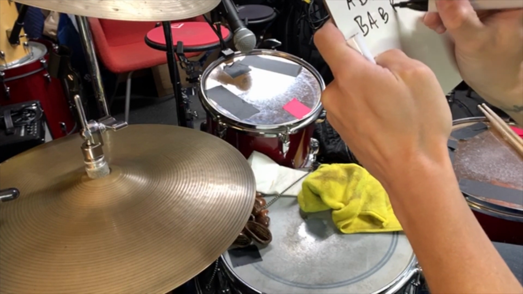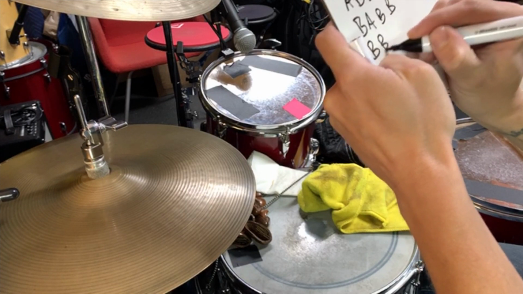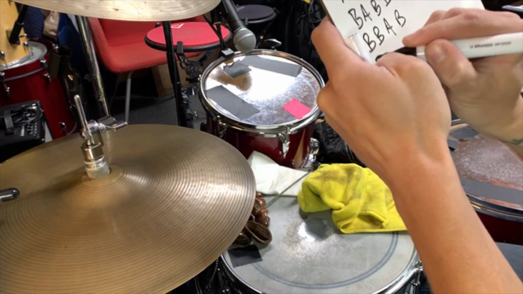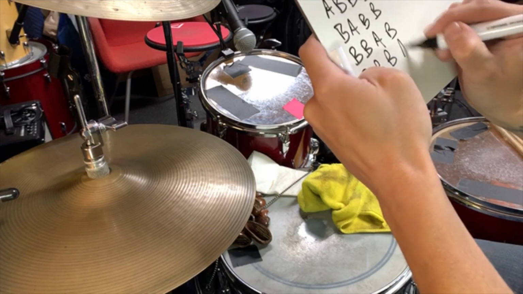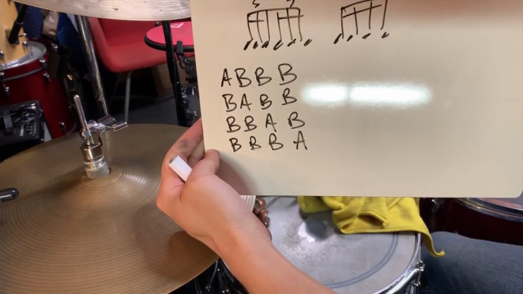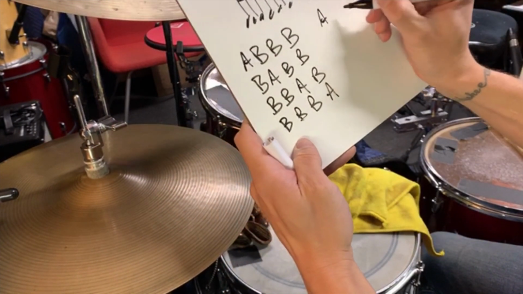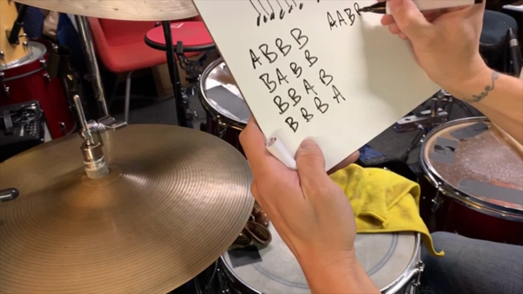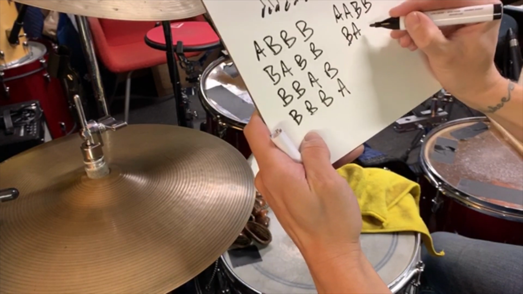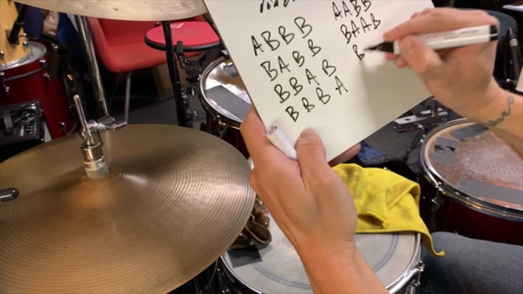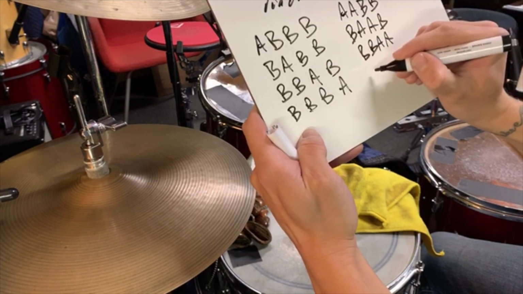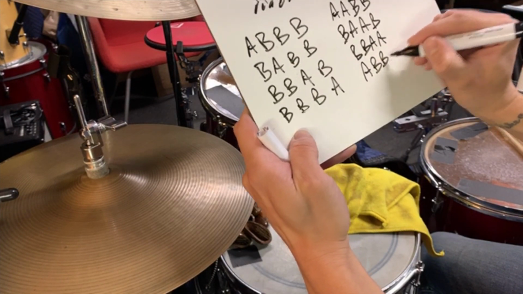I will post all this stuff afterwards. Okay, so that's like number 1 through 4. Then what we do is A, B, B. And those 2 A's move through. And then the last one that goes over.